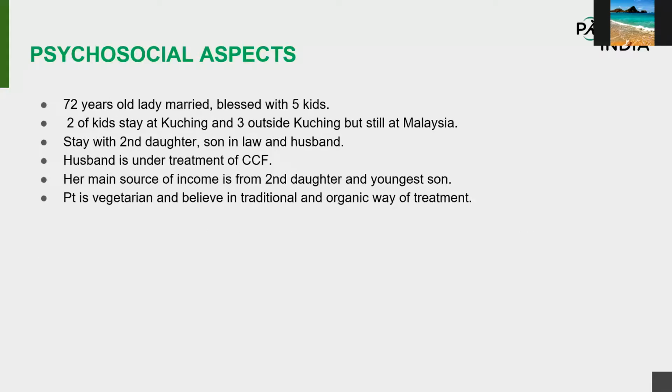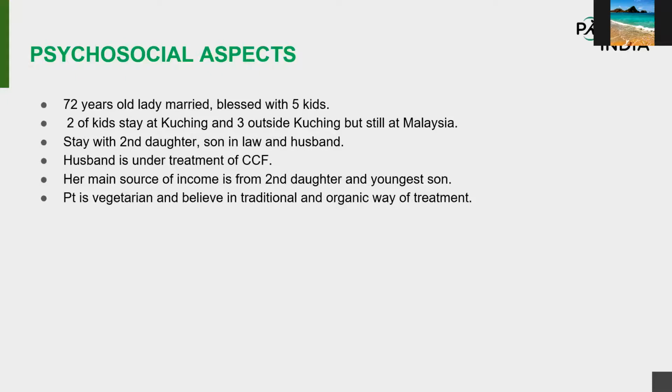Next. So the psychosocial aspect of this patient. The patient is a 72-year-old lady, married and blessed with 5 kids. Two of the kids stay in Kuching, Malaysia, and 3 outside of Kuching, but still in Malaysia. The patient stays with her second daughter, son-in-law, and husband.